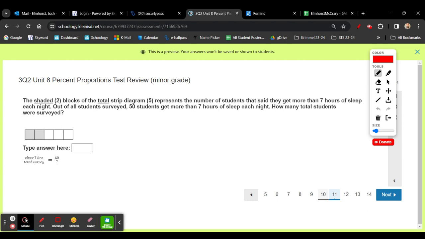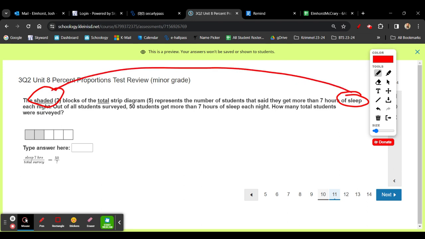The shaded blocks and the total in the strip diagram represent the number of students who get 7 hours of sleep each night. Now, don't get confused with the number 7. What it's talking about is at least 7 hours of sleep. So the shaded has to do with the sleep.